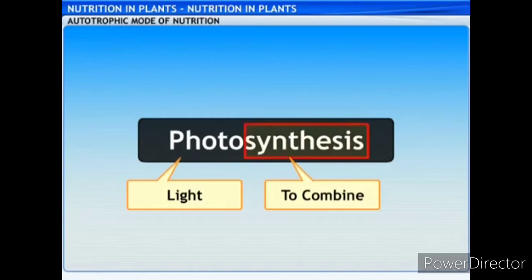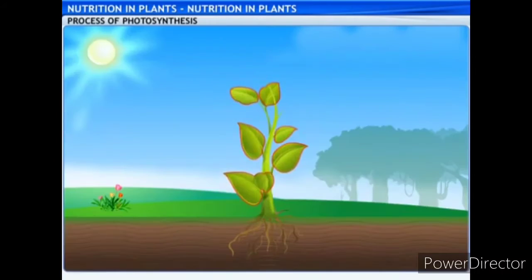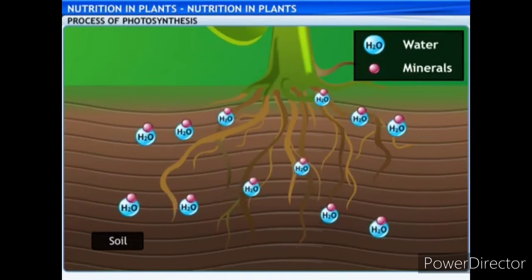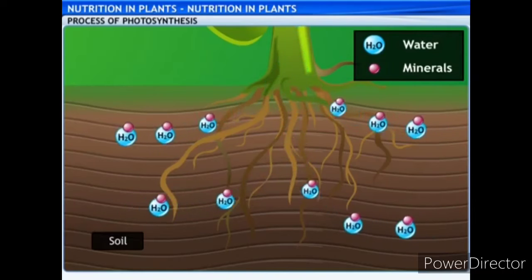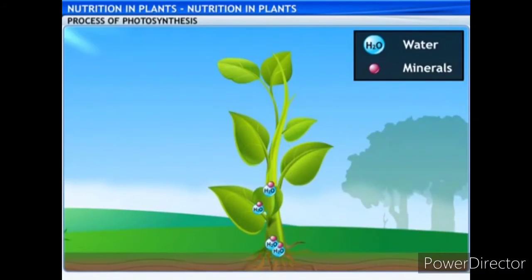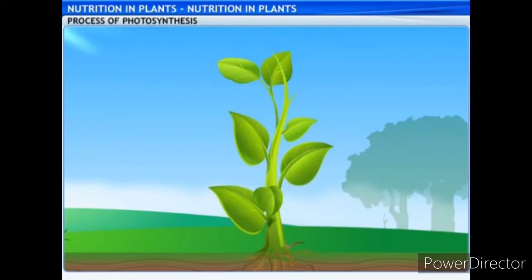Photo means light and synthesis means to combine to produce a new thing. Here starch is prepared in the process of photosynthesis. Roots are responsible for the intake of water molecules. Water molecules get absorbed by roots and are transported to various parts of the plant through xylem cells.